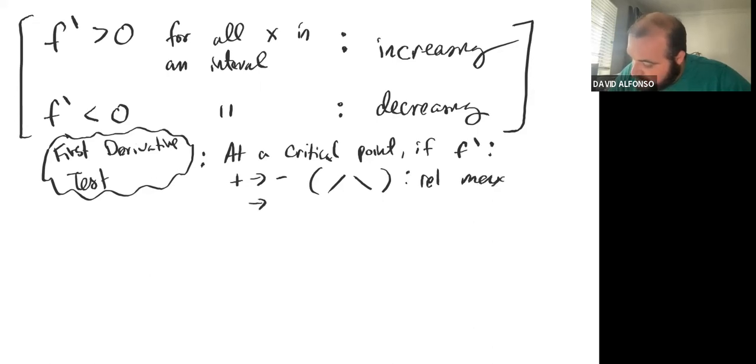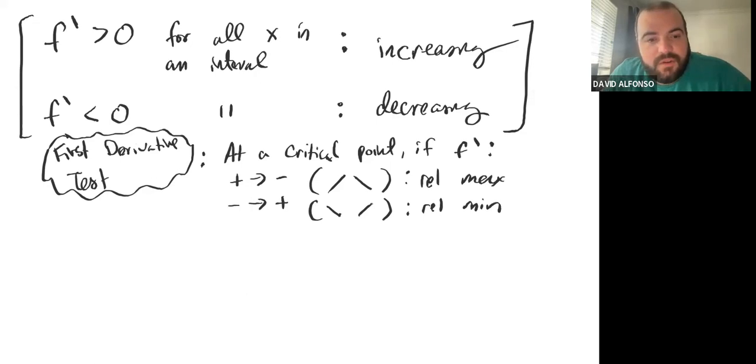And if it goes from negative to positive, so negative slopes to positive slopes, that means you have a relative minimum. That's called the first derivative test, because you know there's a critical point, and if the derivative changes sign, you can determine if it's a relative max or min. And if the signs don't change, it's neither.